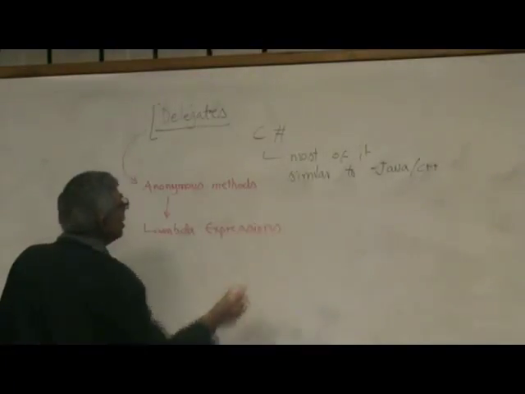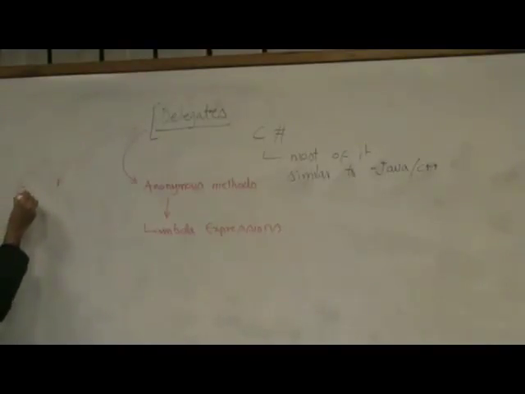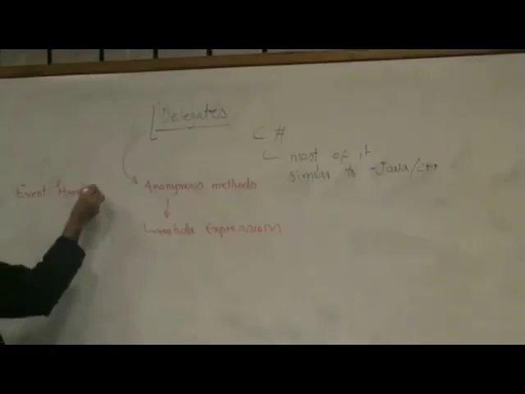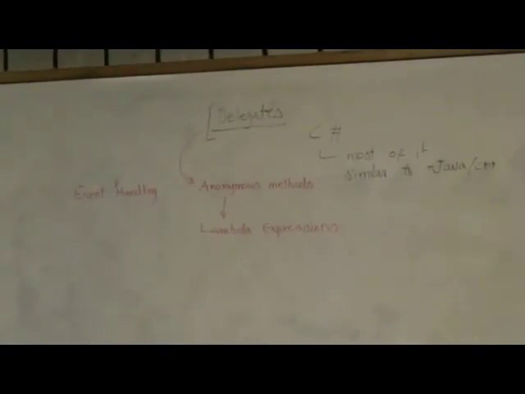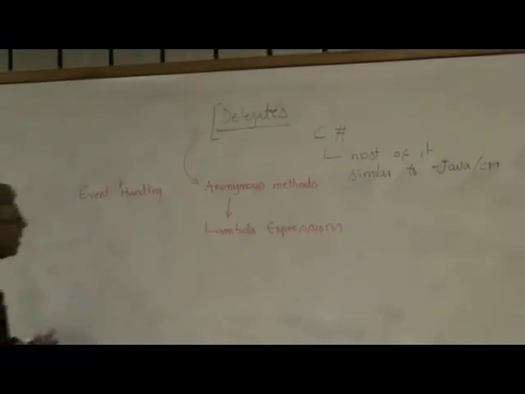Delegates also lead to very neat event handling. So for example, if we click on a button or we select a menu, how do we know what should be triggered? As you will see, all event handling is done through the delegate mechanisms under C#.